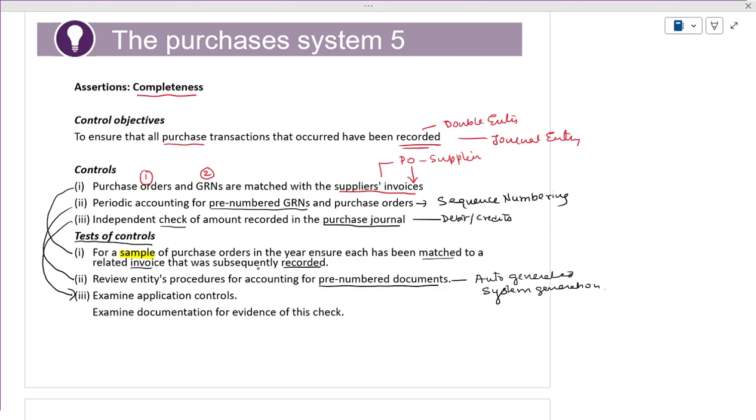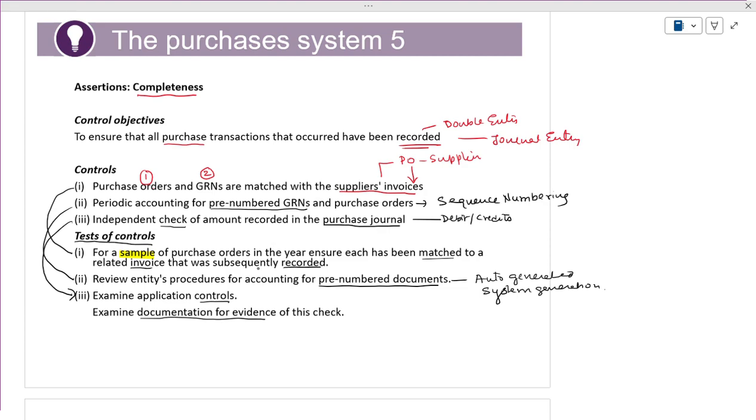Examining application controls. What are the application controls? Documentation for evidence. Everybody is doing the job: the purchase clerk, the inventory clerk, the quality clerk.